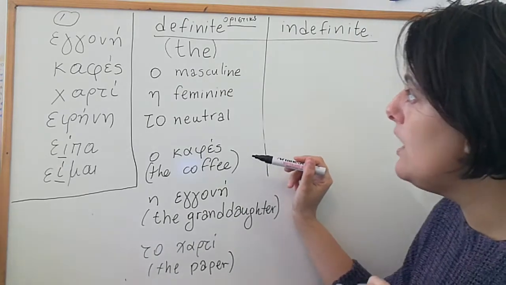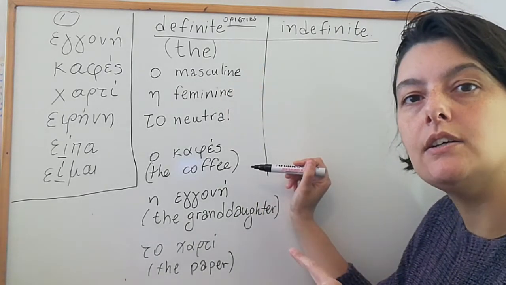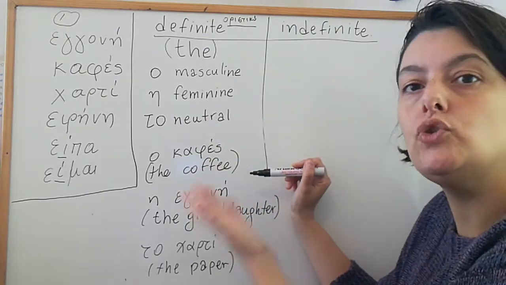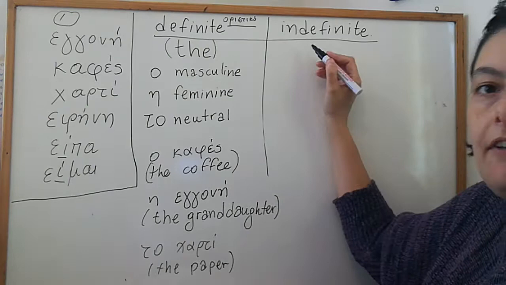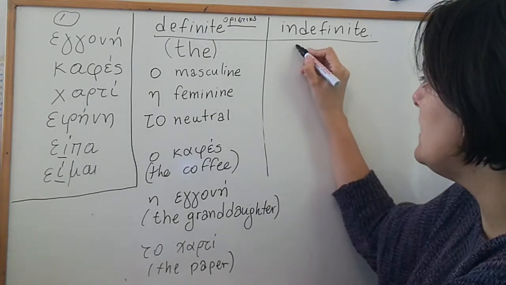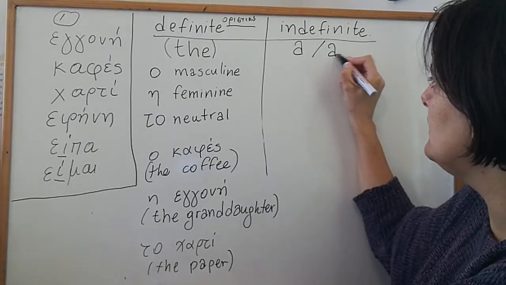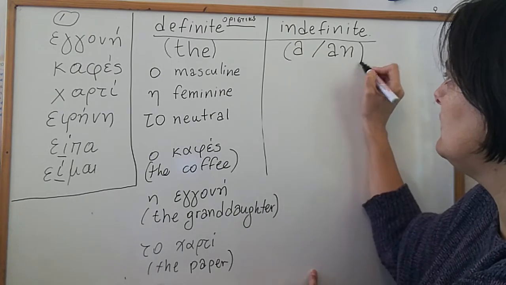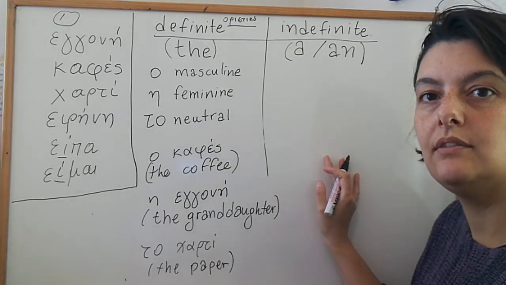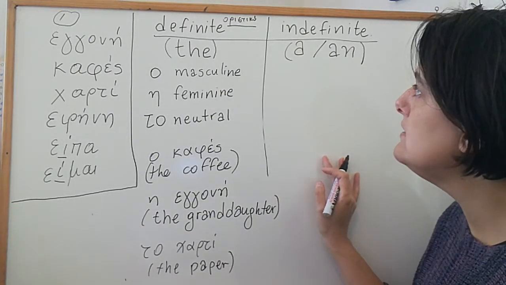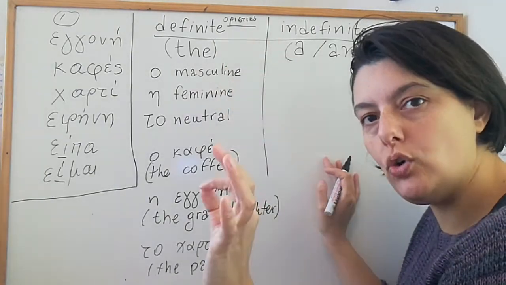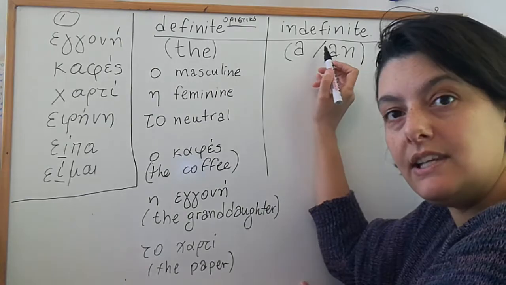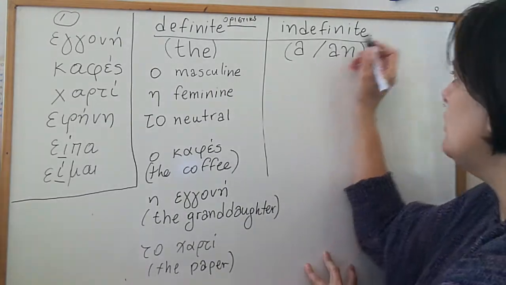Okay, so we have the definite articles, but as in English, we also have the indefinite articles. In English, the indefinite article is a or an. So definite is οριστικό because it shows. Indefinite is αόριστο.